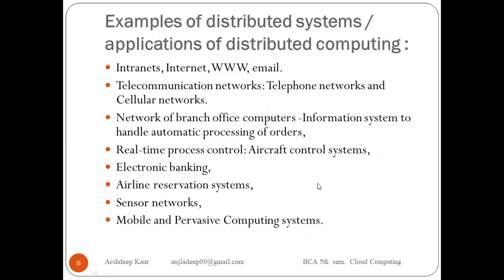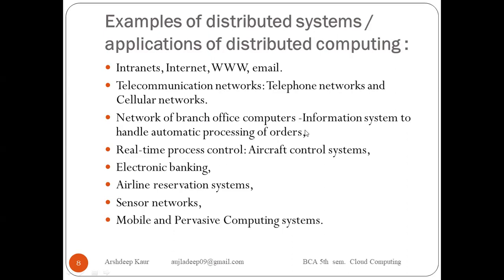These are some of the examples of distributed systems or application areas where we can use distributed computing. We can use it in intranet or internet or the World Wide Web and email. We can also use distributed computing in telephone networks and cellular networks. Next, it is used in information systems for handling the automatic processing of orders.